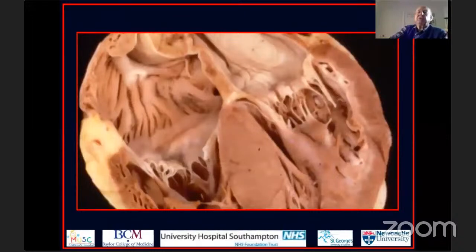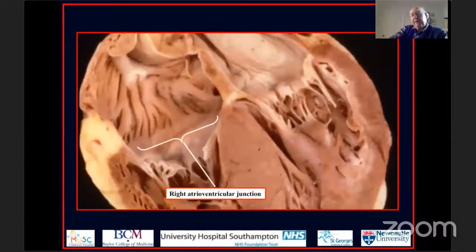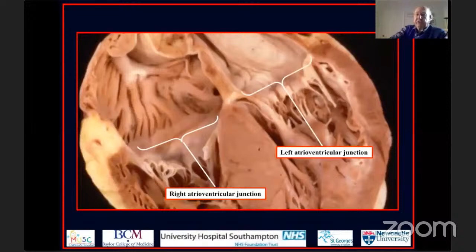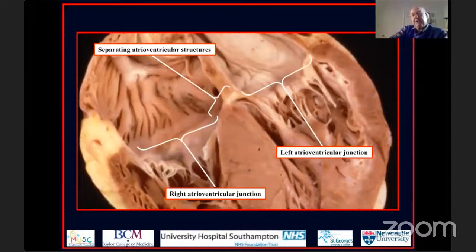So here I'm showing you a 4-chamber cut through a normal heart. I've concentrated on the junctions, and there you see the right atrioventricular junction, the left atrioventricular junction. And between the two, we have the separating atrioventricular structures. Now, I also want you to take note of what you see to your left hand, because the parietal right atrioventricular junction, as you see, contains the right coronary artery.